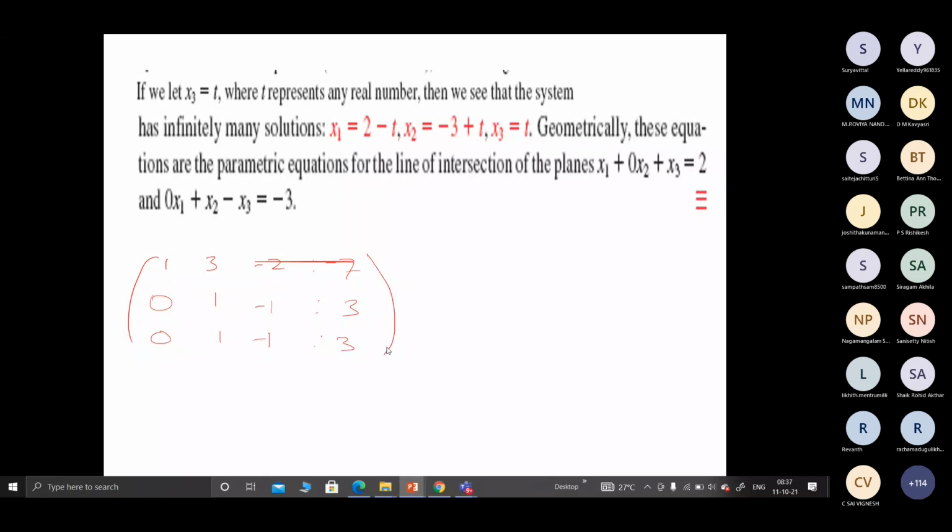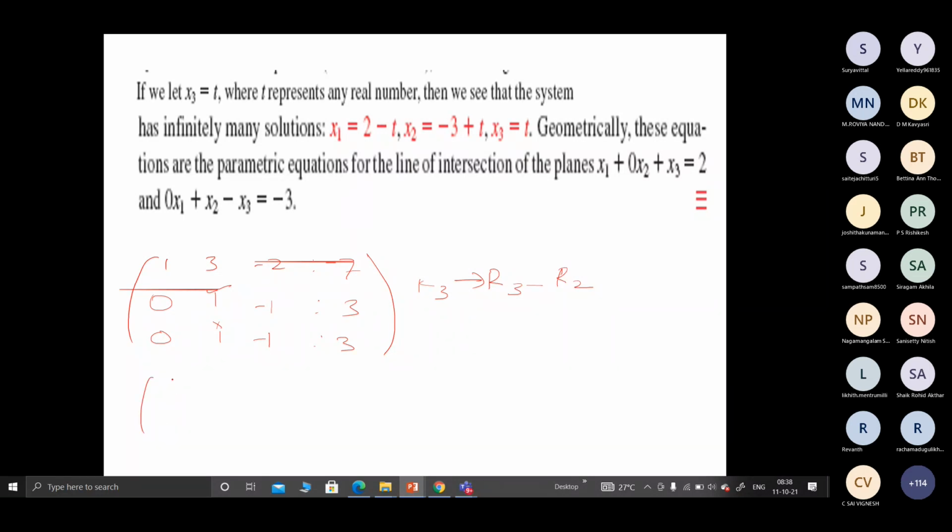Now with the help of this, in Gauss elimination, we have to make this 0. How do you write? R3 is R3 minus R2.